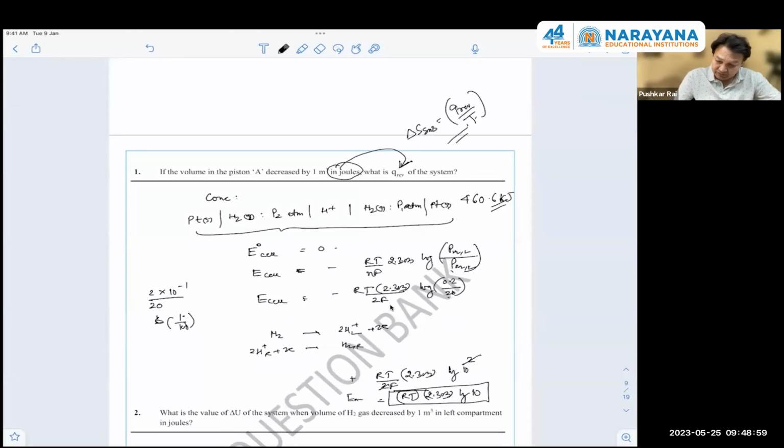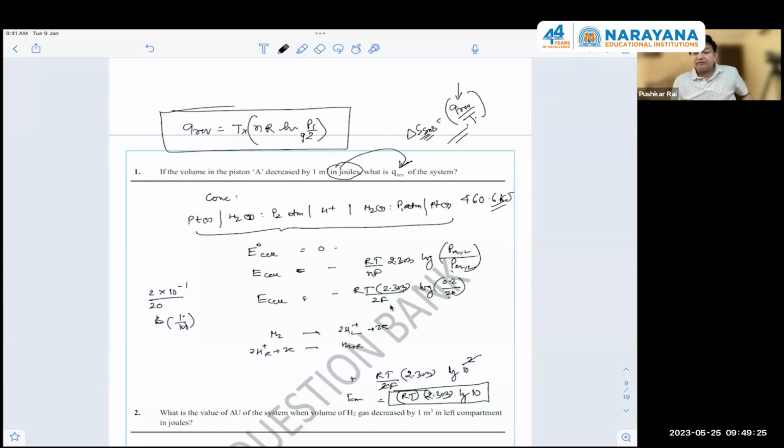Always. So if somebody asks me Q reversible, I simply calculate delta S system. Can you calculate delta S system here? Yes, there was no doubt about that. Delta S system was equal to nR ln P1 by P2. We should multiply it by the given temperature, and that will give us the value of Q reversible.